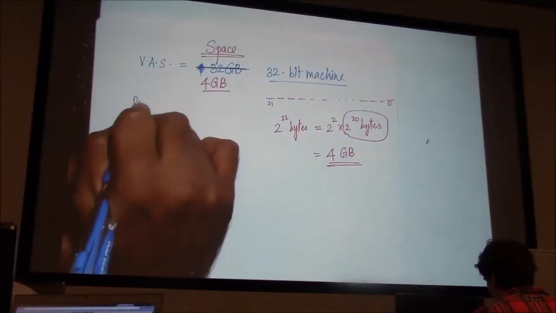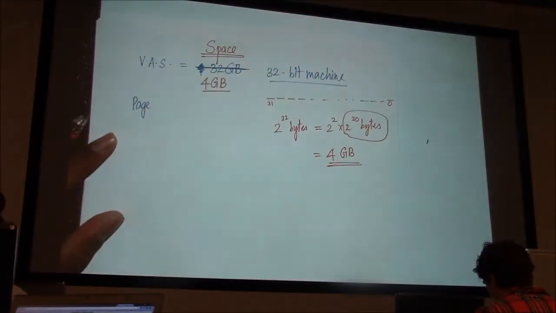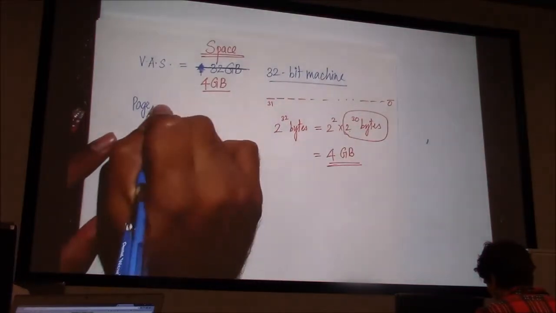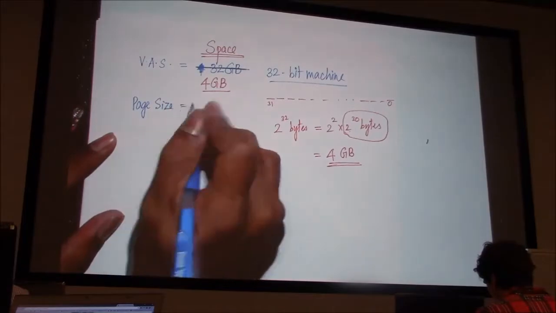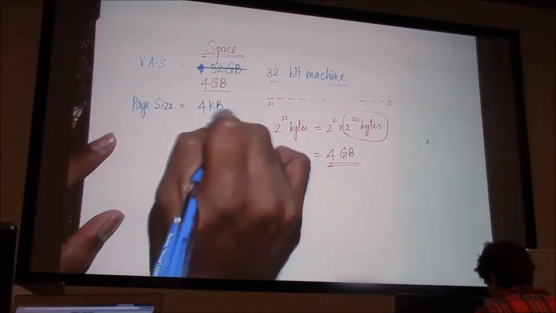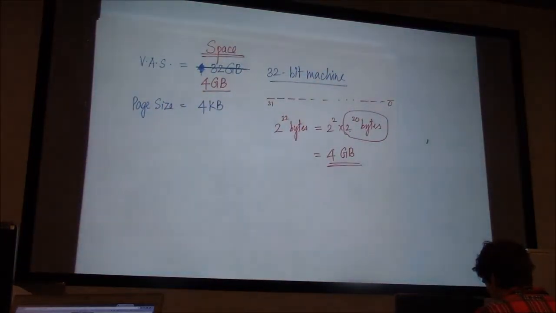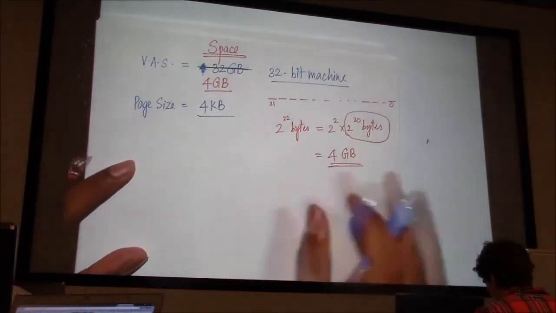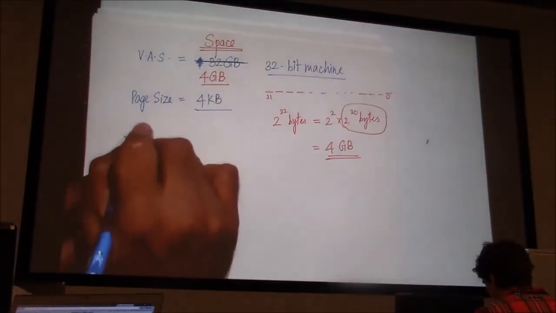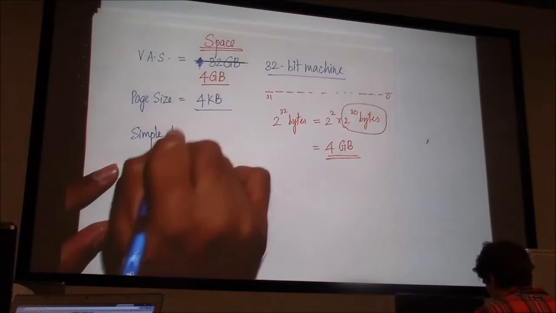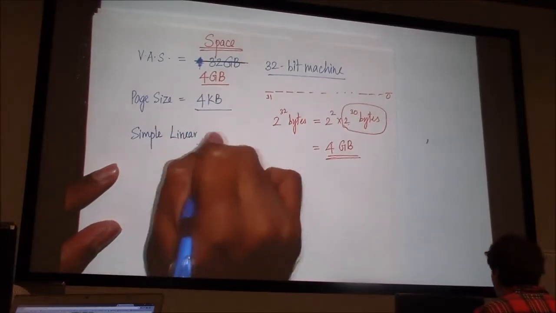And page size in a real world machine will not be like what we see in this class, 16 bytes or something like that, but usually 4 kilobytes. These are the real world parameters that we have. Let's assume we are still using a simple linear page table.